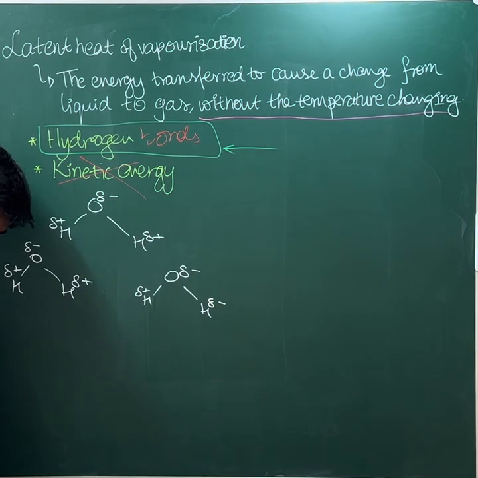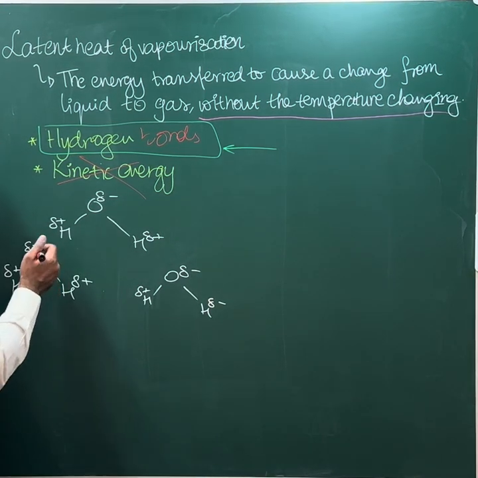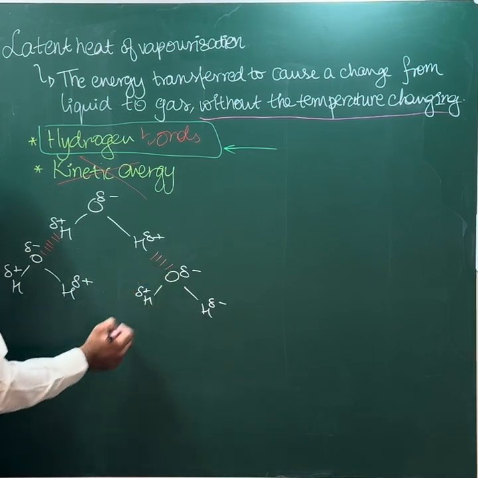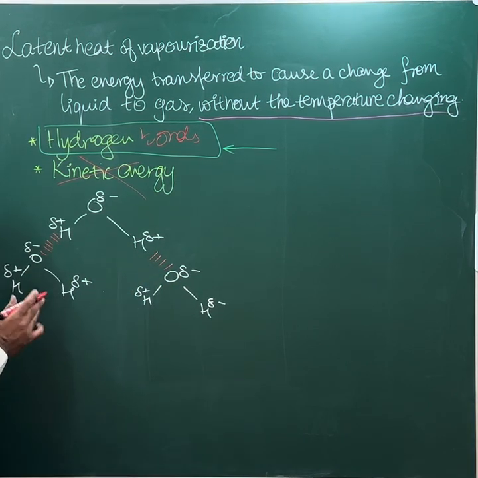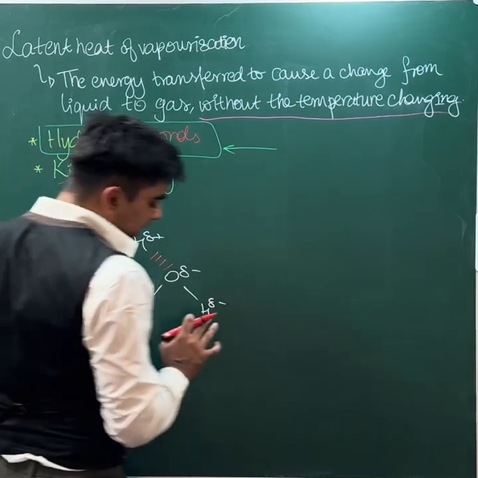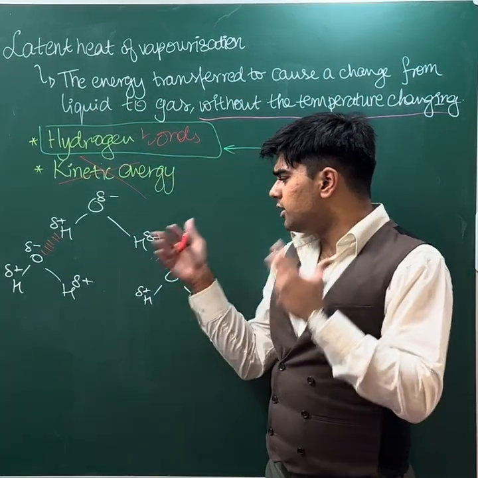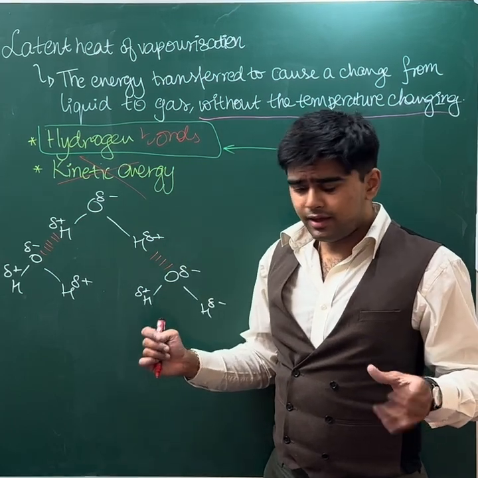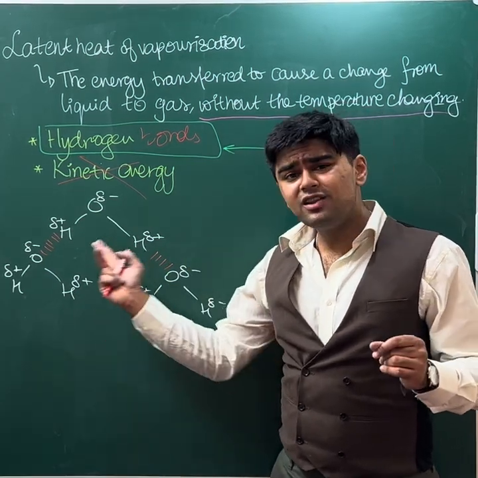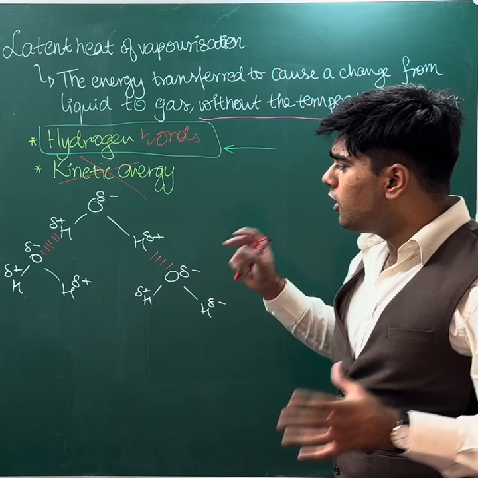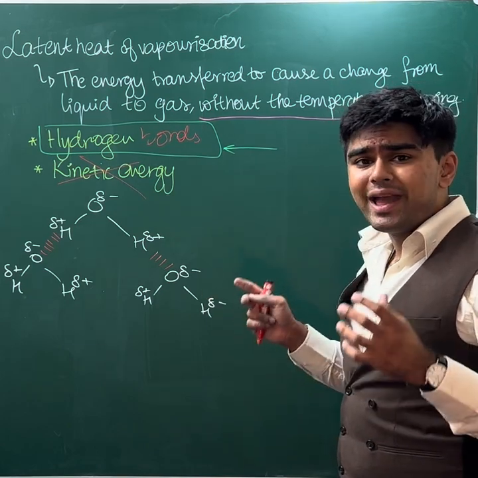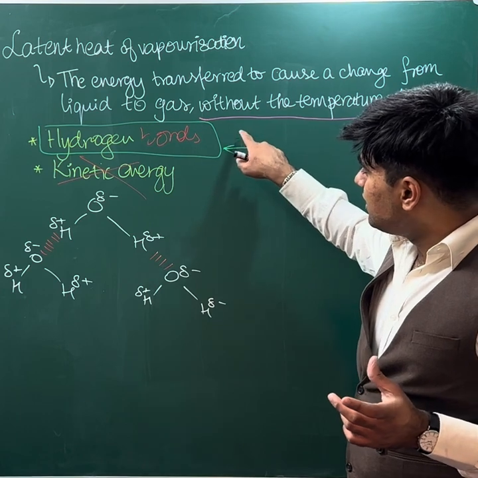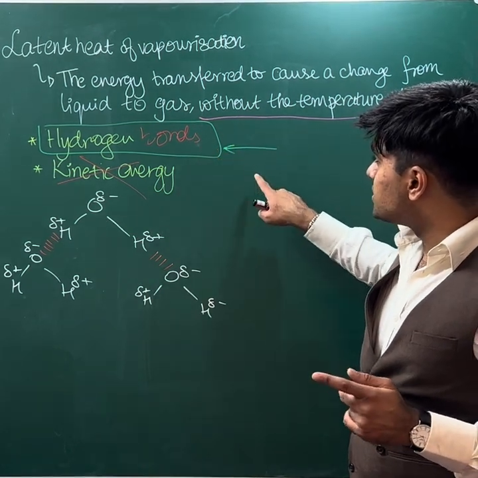Now we know that there are hydrogen bonds. Lovely hydrogen bonds here. We've got a lot of hydrogen bonds. In water, you have a lot of water molecules, as you can think, right? There's a lot of them there. And that means you've got a lot of hydrogen bonds that require energy. And if that's true, that means a lot of hydrogen bonds are going to be broken.